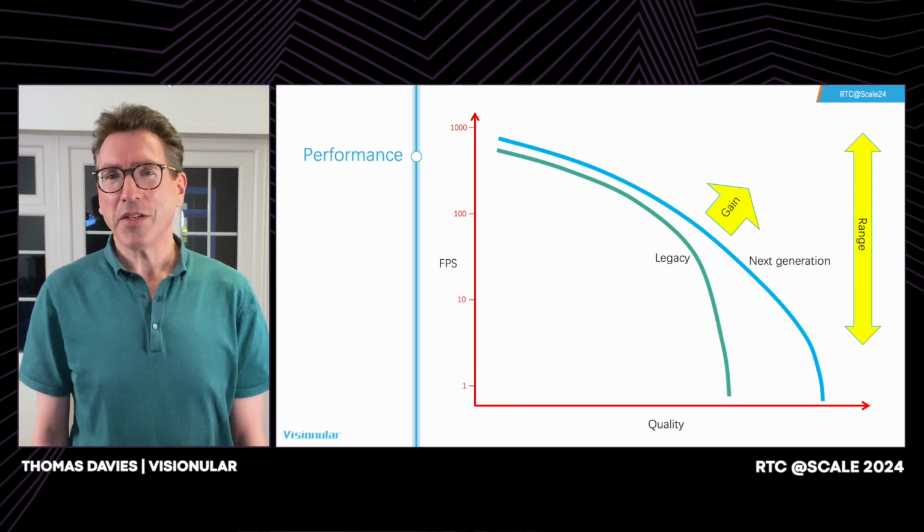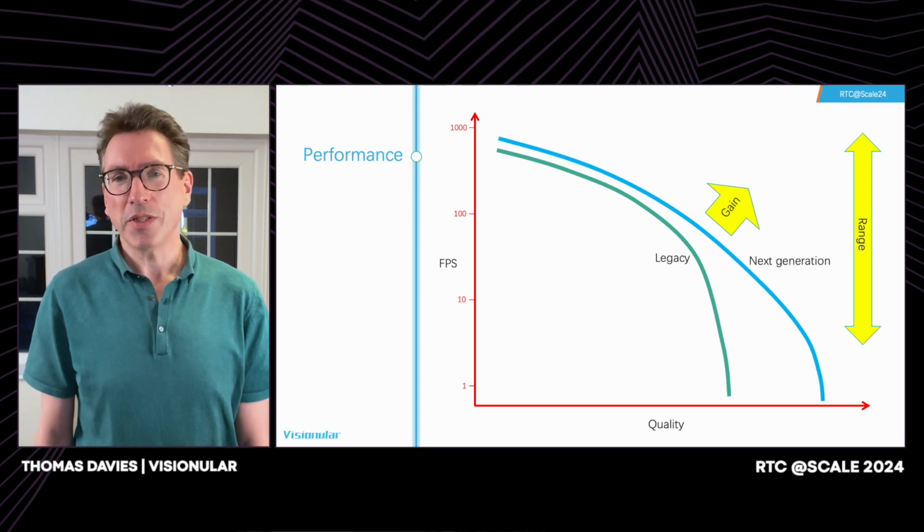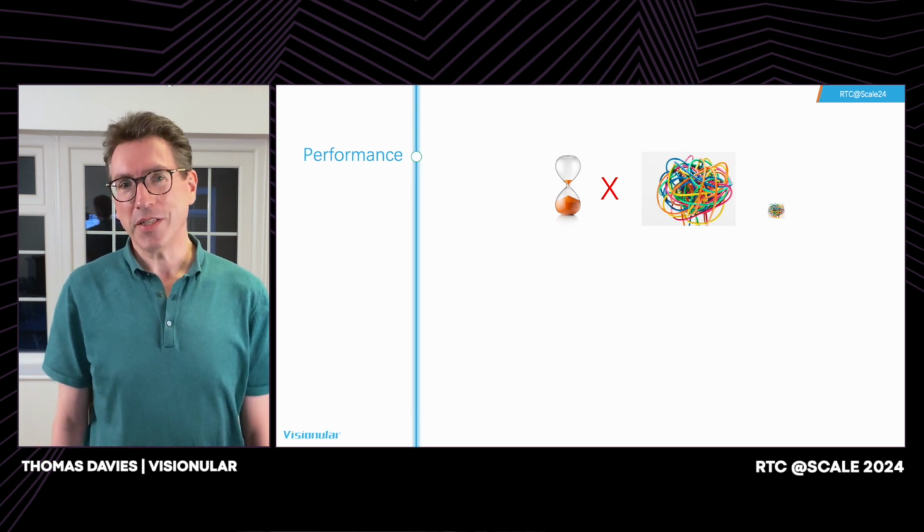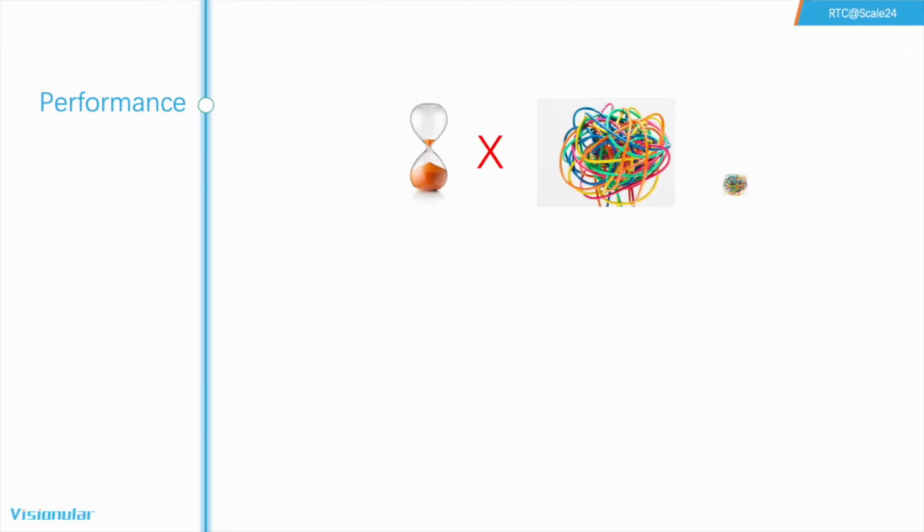So given that understanding of performance, what are the difficulties that we face? Well, the major issue in RTC is deadlines. So you have to produce a frame generally every 33 milliseconds, and those frames can vary considerably in complexity. Now, why do they vary so much in complexity?